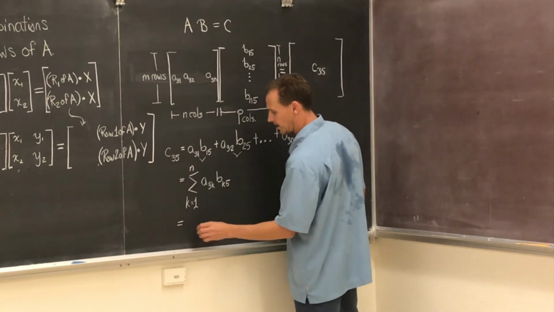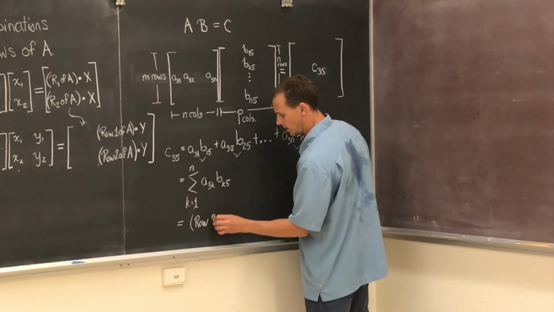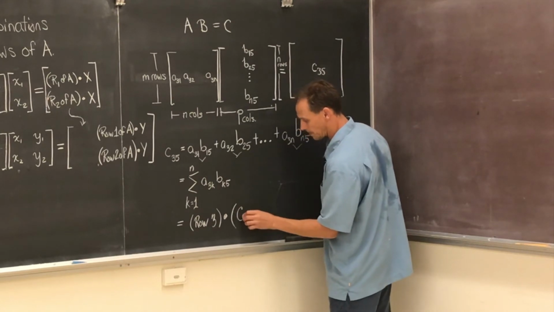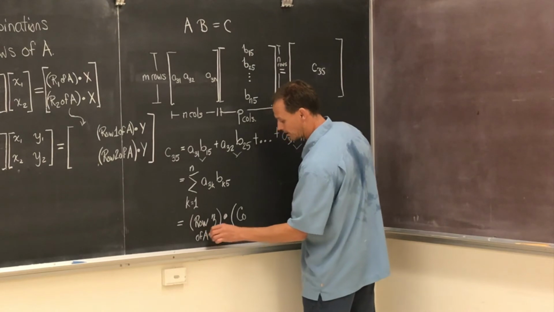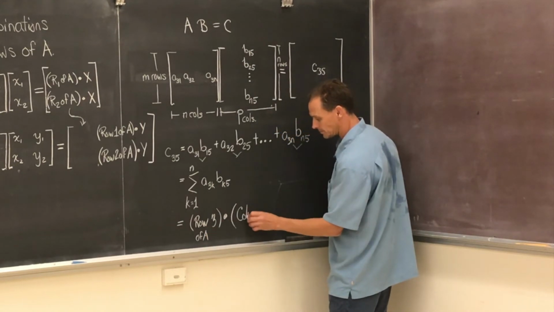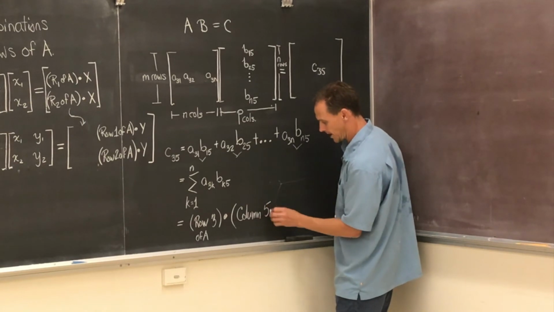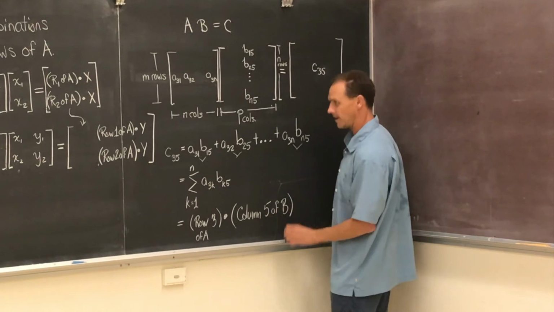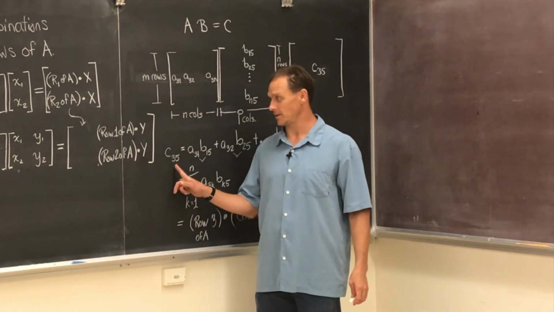And it's row 3 of A, I should be specific there, dotted with column 5 of B. And that is how you find a single element of a matrix.